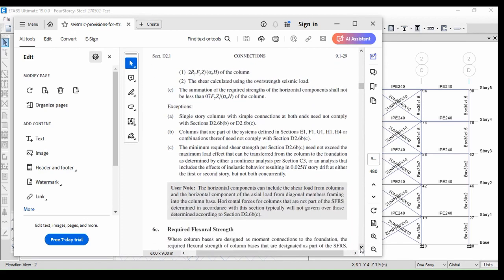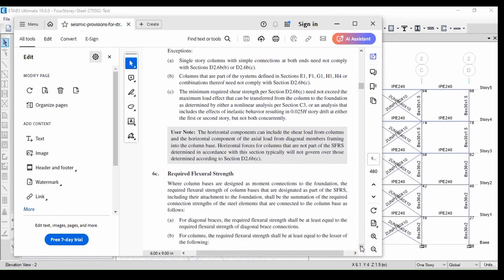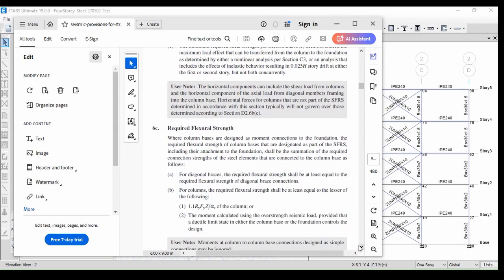And the third is flexural moment. The required flexural strength, if the column base is designated as a moment connection to the foundation, should not be less than the summation of the flexural strength of the diagonal brace and the lesser of 1 and 2 here.